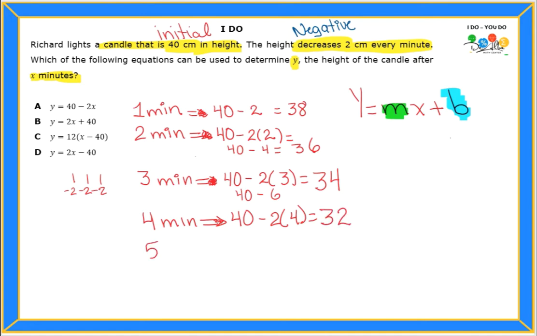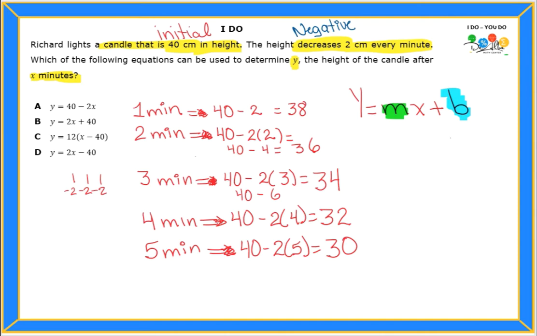And we're going to do one last. How about in 5 minutes? Well, 5 minutes means 2, 2, 2, 2, 2. That means 10 less. So 40 minus 2 times 5, and that will give me 30, right?